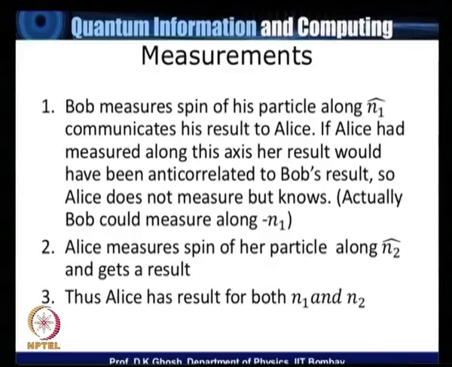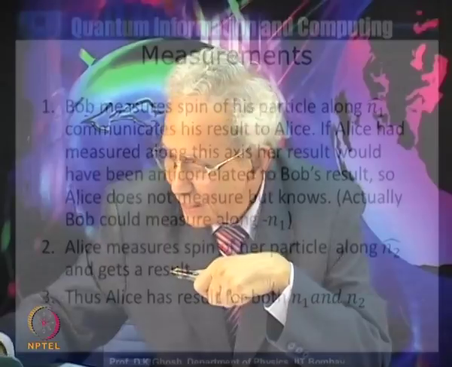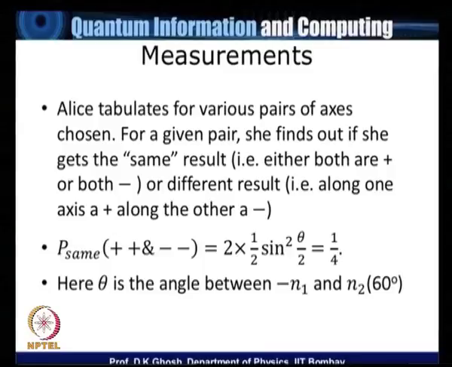So therefore, Alice can have the information about the result that she would get along a pair of directions at the same time: n1 n2, n1 n3 and n2 n3. So what she does is look, for a given pair of axes, whether she gets the same result.